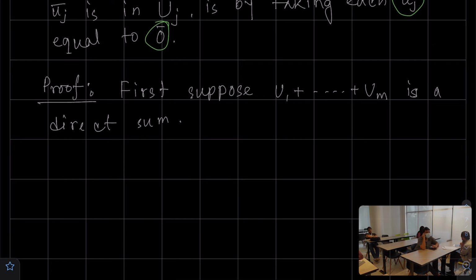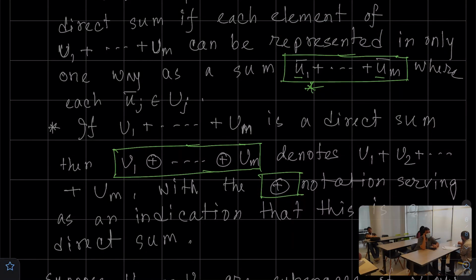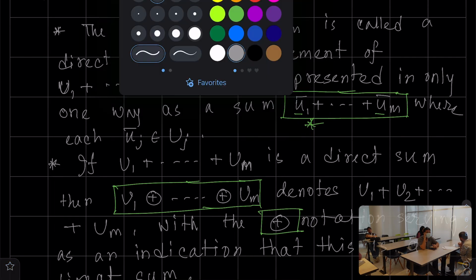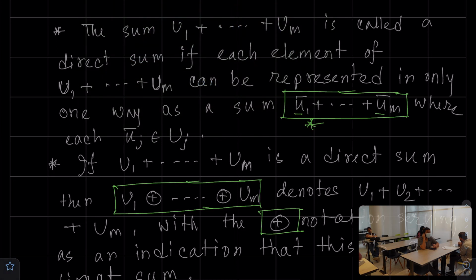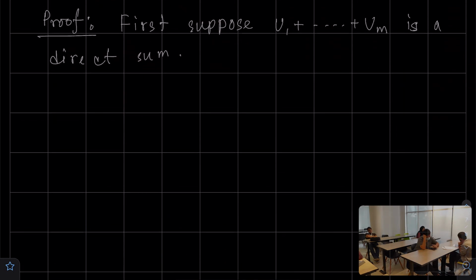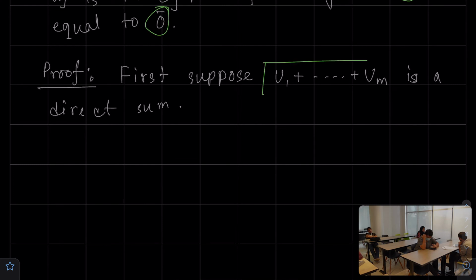From the definition, the sum is called a direct sum if and only if every element of this can be represented in only one way. That is the definition, right? So now if I take this to be a direct sum, then it is immediate that 0 can be represented in only one way, and you have to consider the summation of all the zeros.